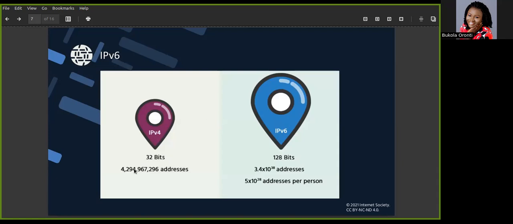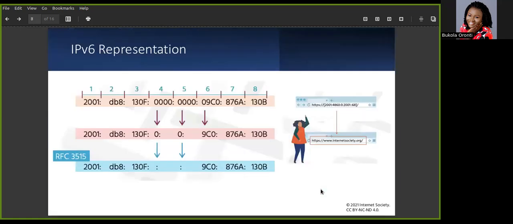IPv4, like we said earlier, is a 32-bit address, and IPv6 is 128-bit. Now we have more than enough addresses for everyone around the world today. And IPv6 is represented in hexadecimal separated by colons.